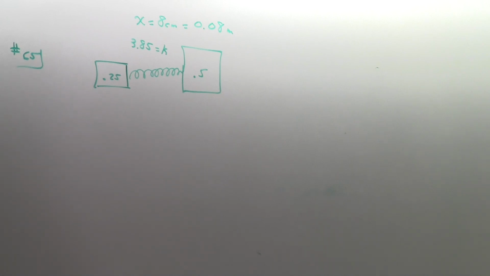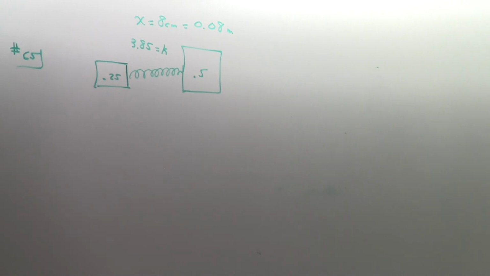A light spring of spring constant 3.85 is compressed 8 centimeters. It is held between a 0.5 kilogram block on the left and a 0.5 kilogram on the right. Both blocks are at rest on a horizontal surface. The blocks are then released simultaneously so that the spring tends to push them apart.